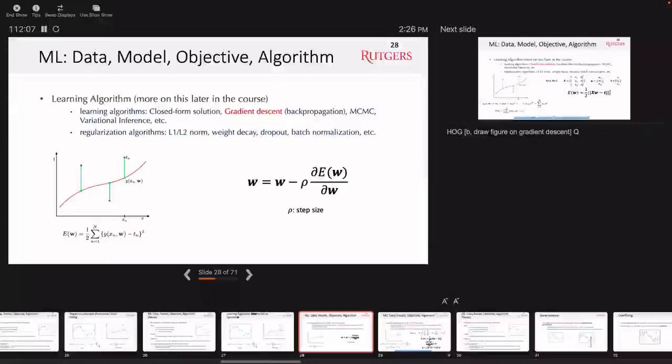But let's say you're here, and you happen to choose a larger step size, and you see that it actually increases your objective function. Then you backtrack to your original point, and this time you try a smaller step size. Maybe this time it ends up here, and then you're in good shape, because it does decrease the objective function, and you just keep moving on. So this is gradient descent.